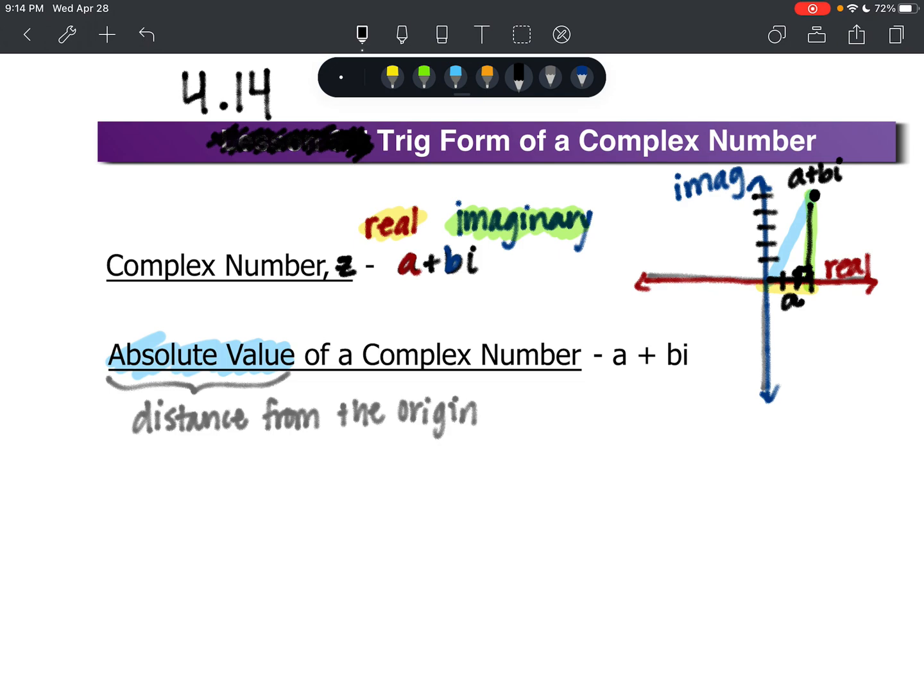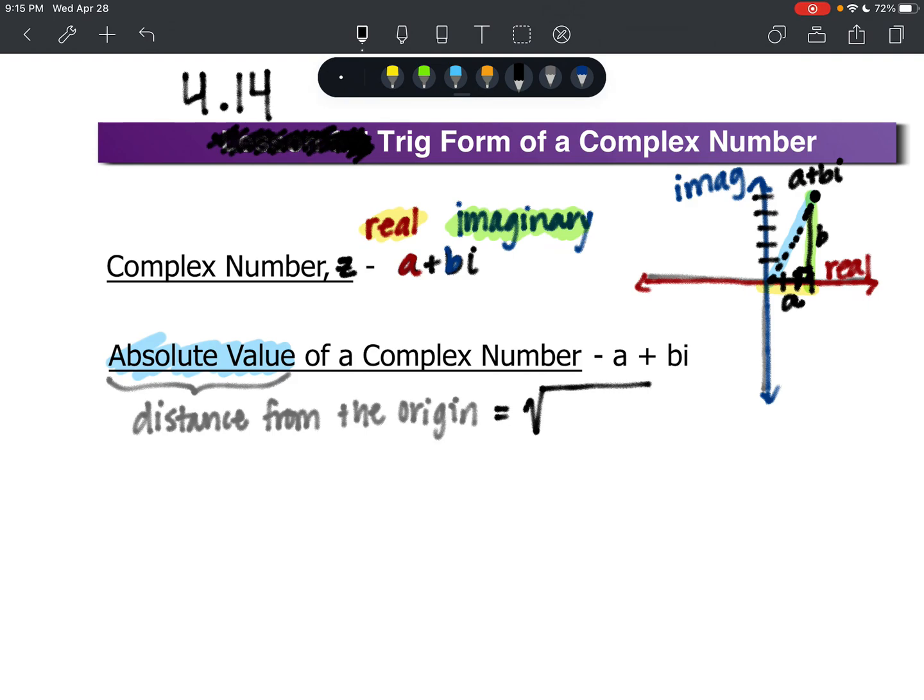We've got a length of a and we've got a length of b. So it makes sense that the hypotenuse, which is the distance from the origin to the complex number, would be the square root of a squared plus b squared. So the distance from the origin is the square root of a squared plus b squared, and that's just using the Pythagorean theorem.